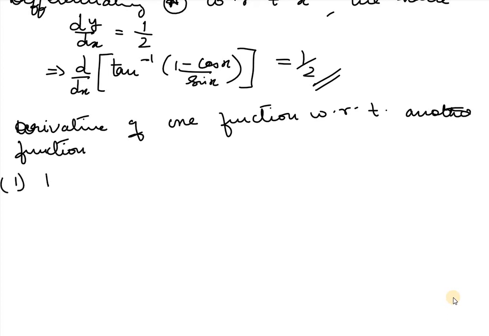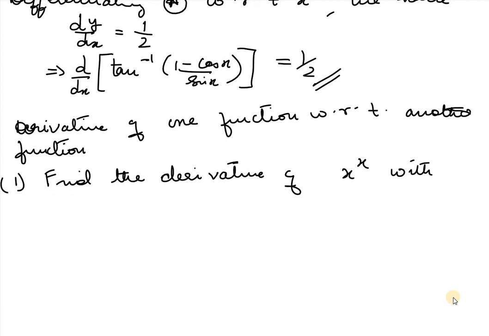Number 1, find the derivative of, let us take in this case, the derivative of x to the power x with respect to x log x. So now you see that in this case we have to find the derivative of x to the power x, not with respect to x but with respect to x log x.